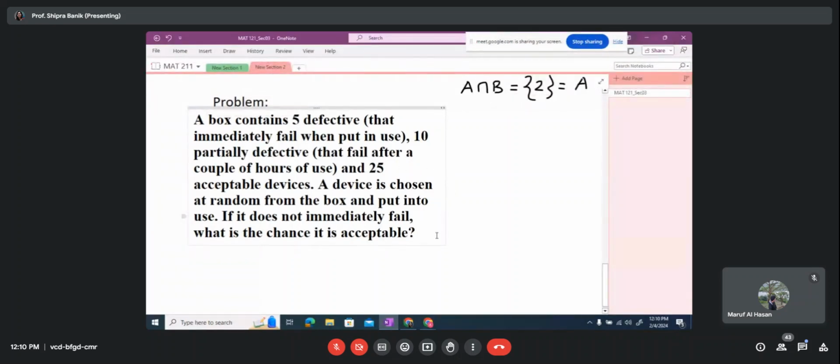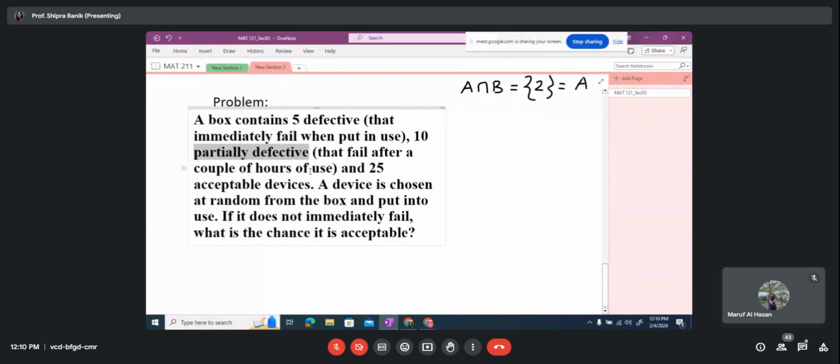A box contains 5 defective. Defective means we will never use it. 10 partially defective. They said these fail after a couple of hours of use.